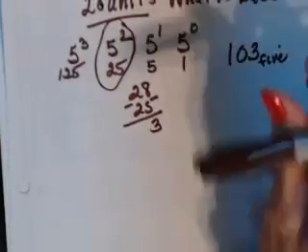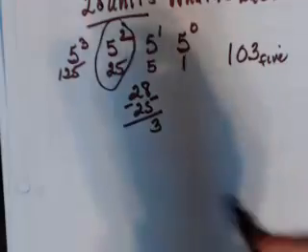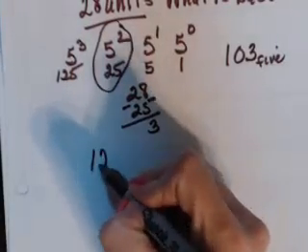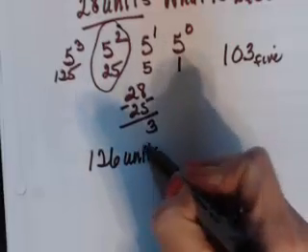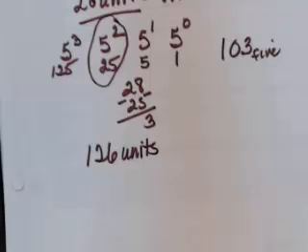Okay, you do this one. What if you had 126 units? What base 5 number would that be?